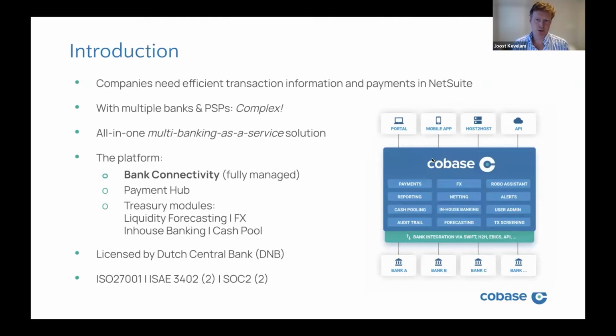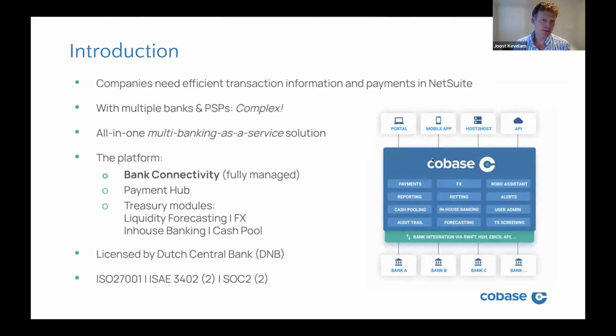This can be complex when you, as a company, need to deal with multiple banks and multiple PSPs. To help our customers navigate this complexity, we offer our multi-banking as a service solution, where the platform includes bank connectivity. This is a fully managed bank connectivity. We take care of establishing the connectivity.